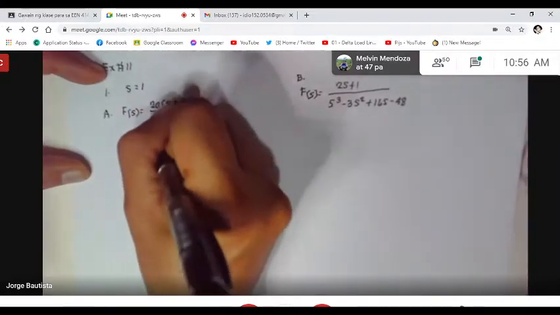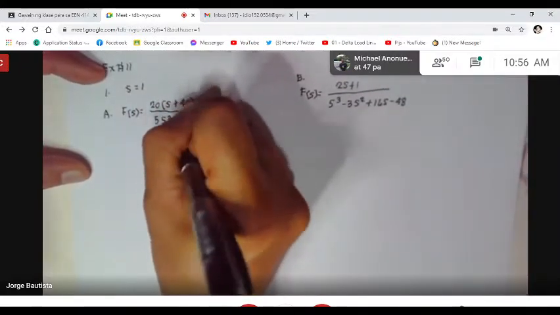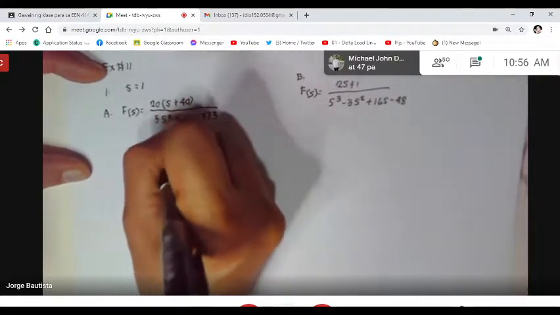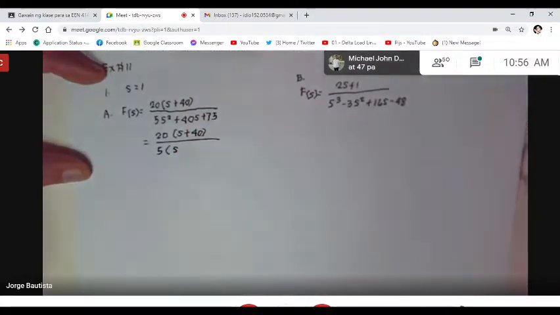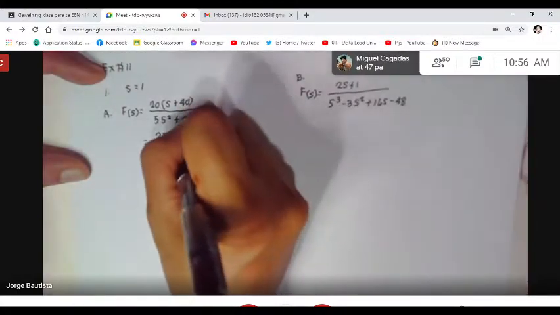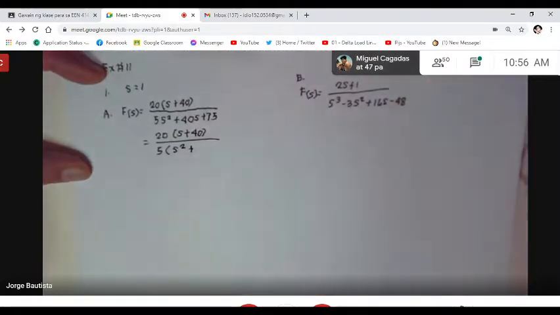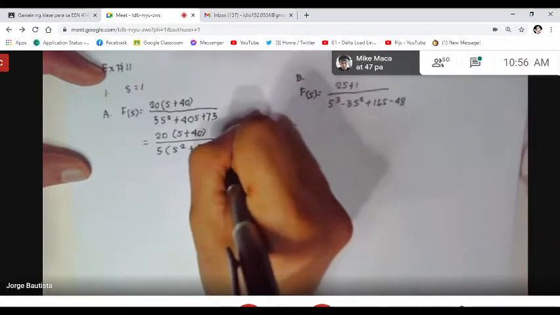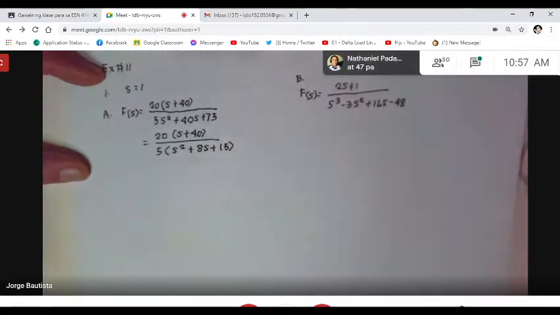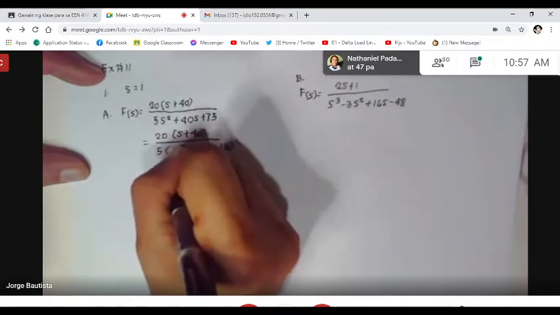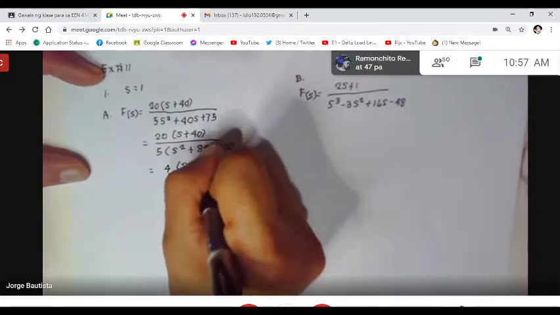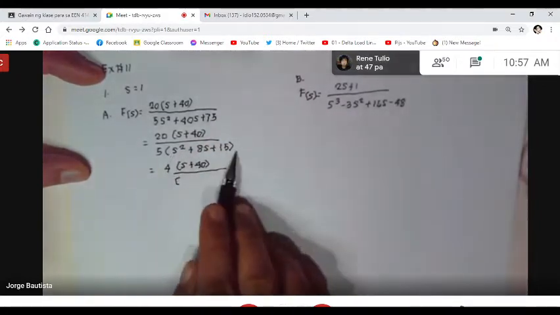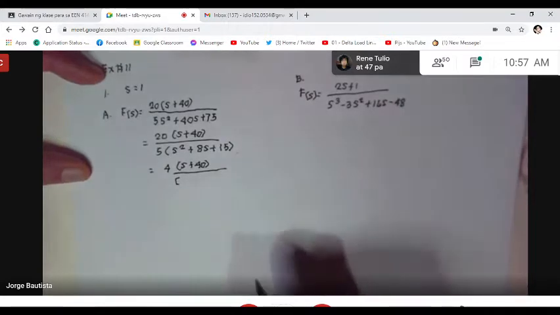That is 20s plus 40 over 5 times s squared plus 8s plus 15, and that is equal to 4 times s plus 10 over, taking the roots of this, s plus 3 times s plus 5.